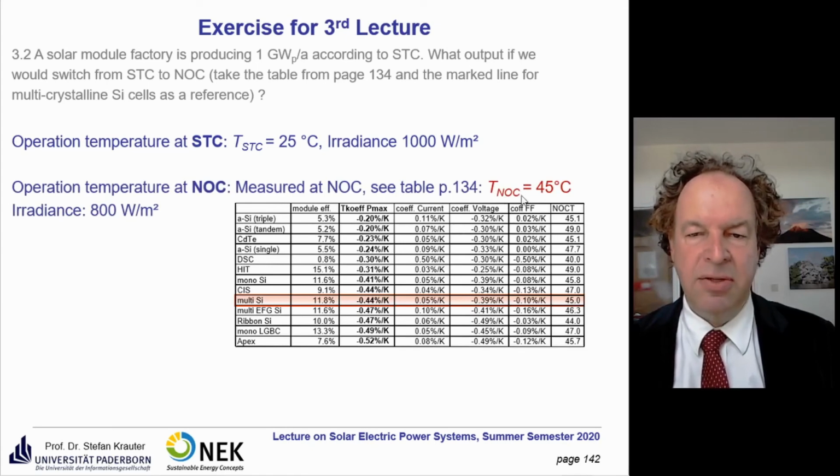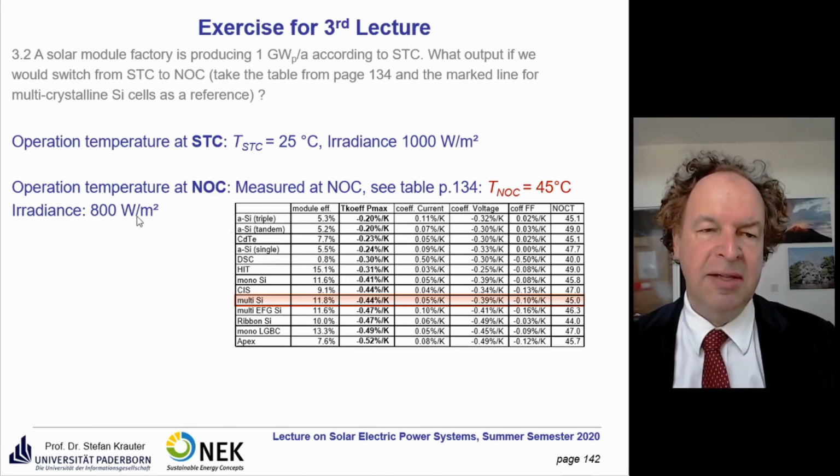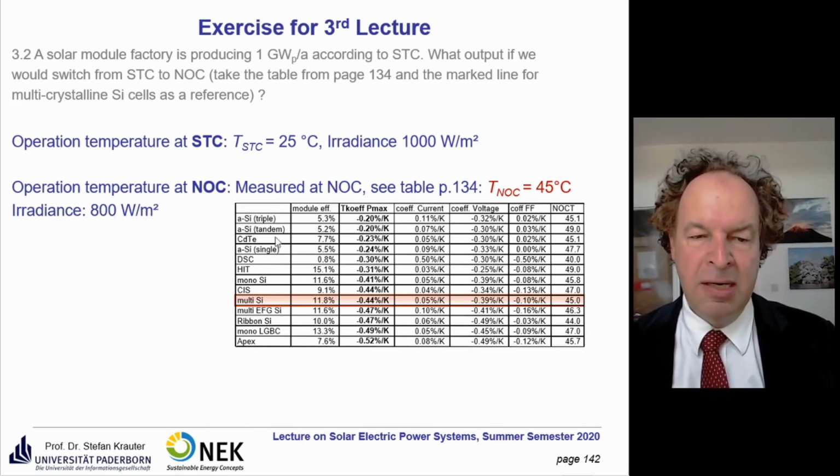Here we see the temperature, and also what has to be considered at the nominal operating conditions: it's not taking this 1000 watt per square meter. There we only have a more realistic value, which is 800 watt per square meter. So we lose both by the temperature and by the more realistic irradiance level.